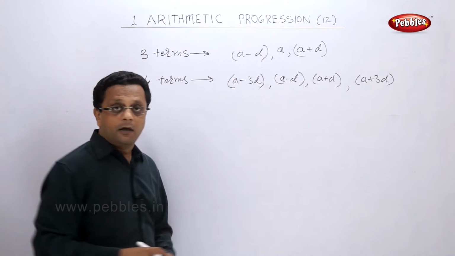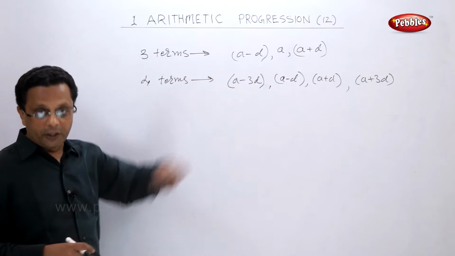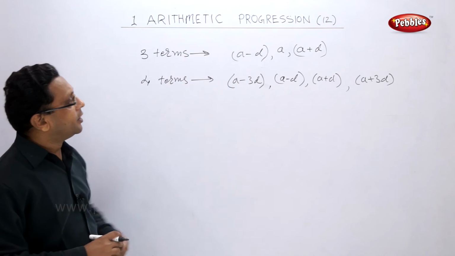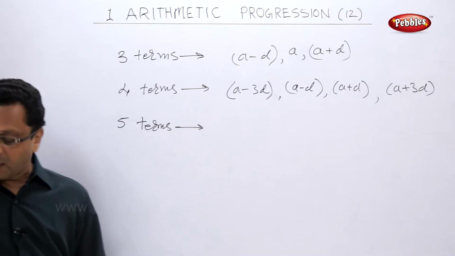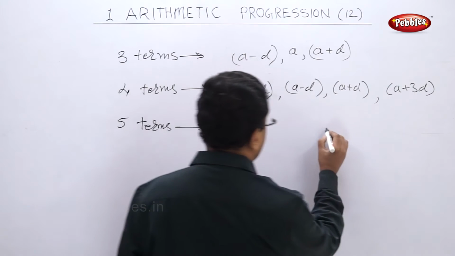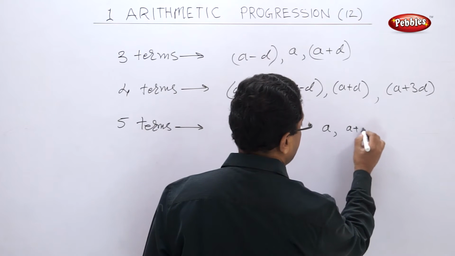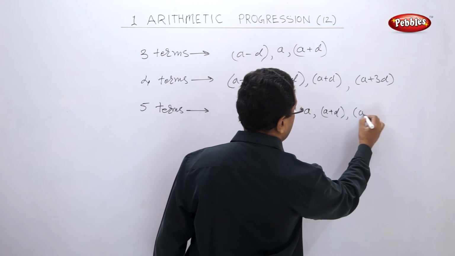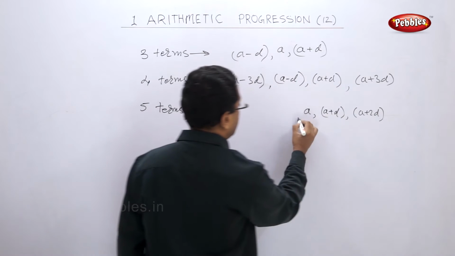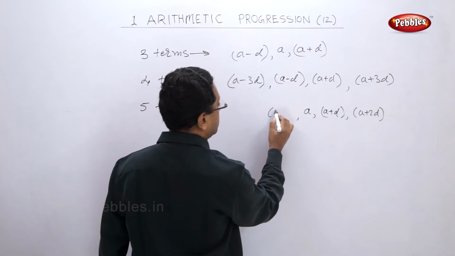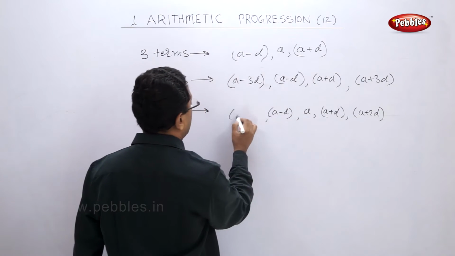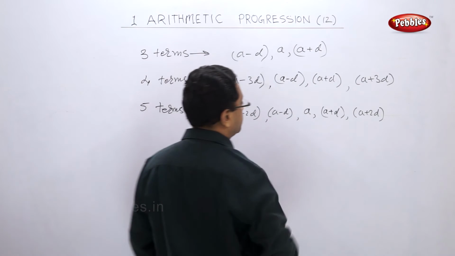Now please note that the common difference here is 2d and not only d. Here it is d. Whenever you are asked to take 5 terms, you should take a, then a plus d, a plus 2d, and then on the negative side a minus d and a minus 2d.